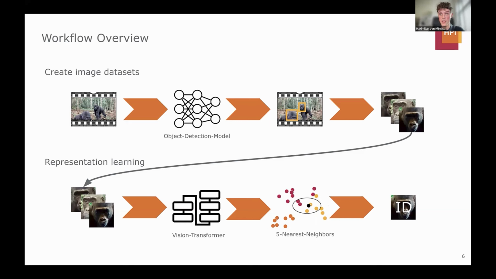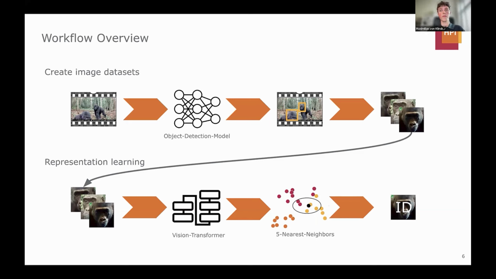And for the second step, those images are then fed into a vision transformer model, for which we use state-of-the-art transformer architectures. Using representation learning and k nearest neighbors, for which we use k equals 5, it is able to find the most similar gorilla IDs and then predict an ID for the newly encountered gorilla.